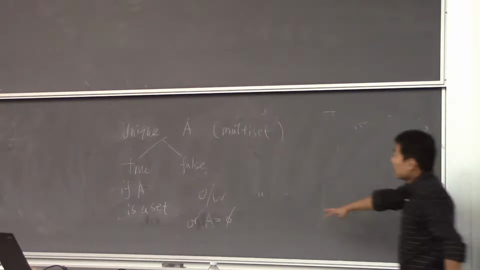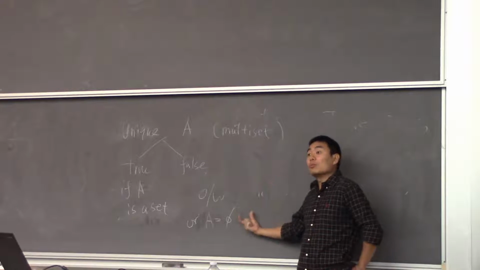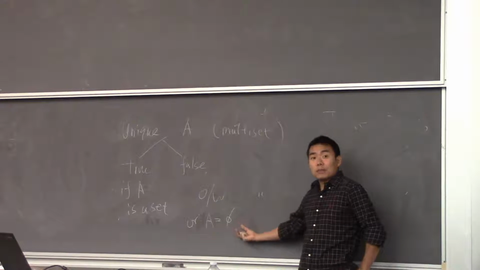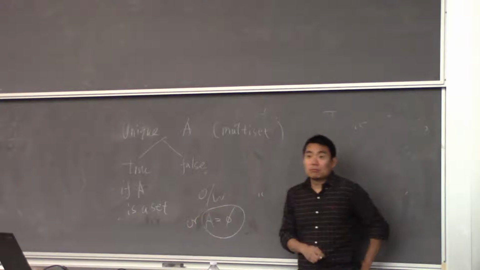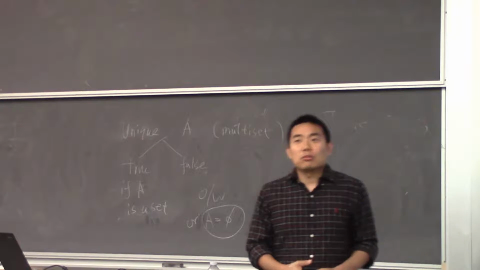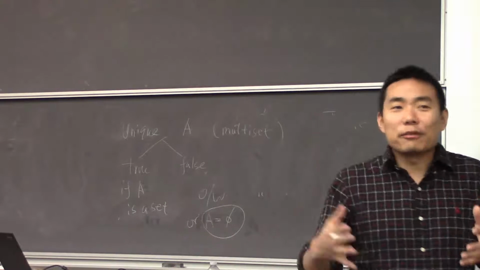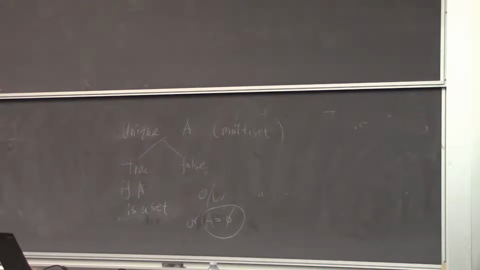If A is an empty set, unique A will be false as well. But of course, this is according to my definition. Different database systems may interpret this differently. Because unique over empty, how do you consider whether something empty is unique or not? This is really a philosophy problem. It goes beyond what computer scientists or anyone can answer. In other words, do you consider the universe sparse or dense? Both arguments go.